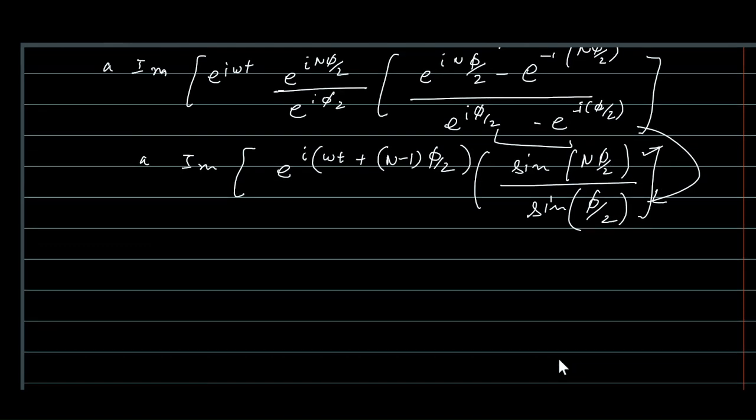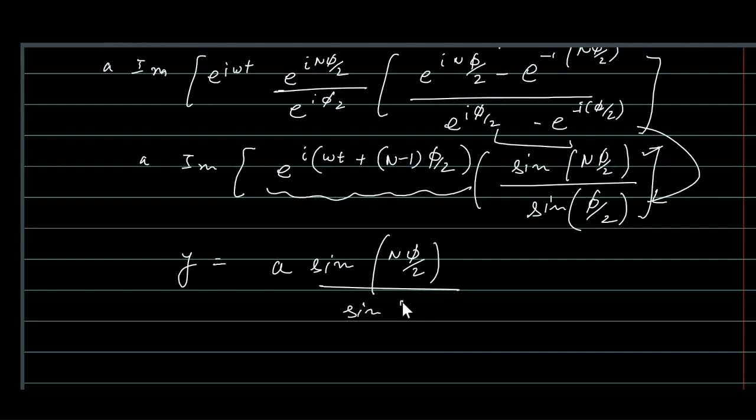So now we already know the imaginary part of this expression, right? We can write that y is equal to a times sine n phi by 2 upon sine phi by 2 times the imaginary part of this quantity, which is sine omega t plus n minus 1 phi by 2.